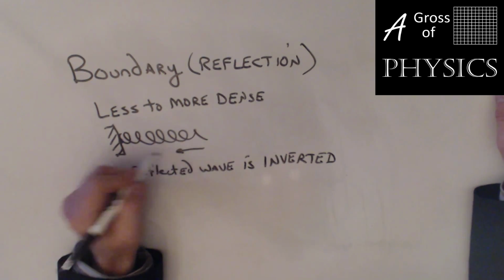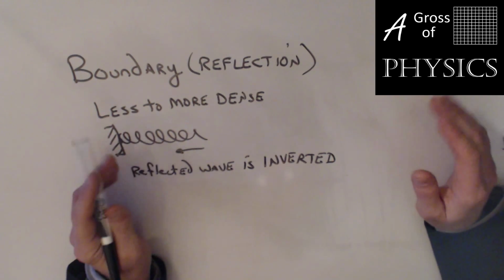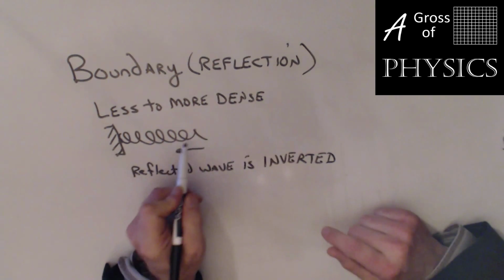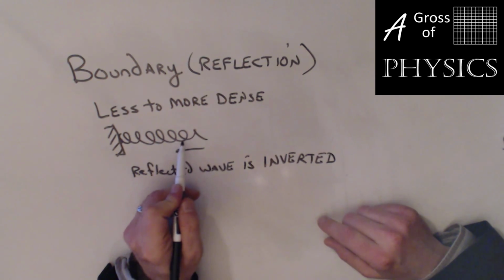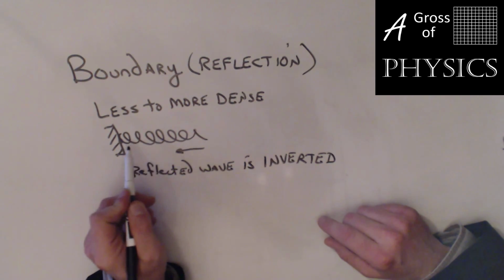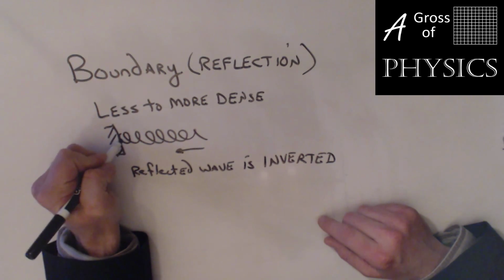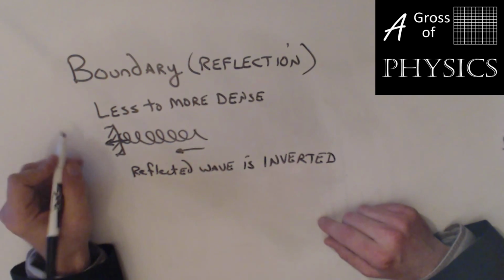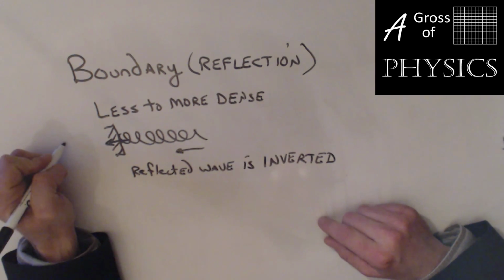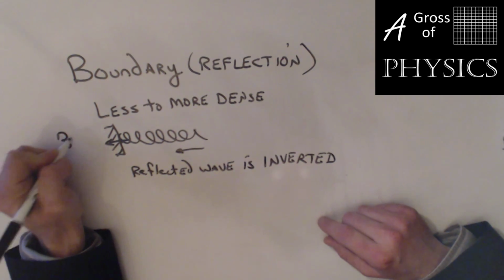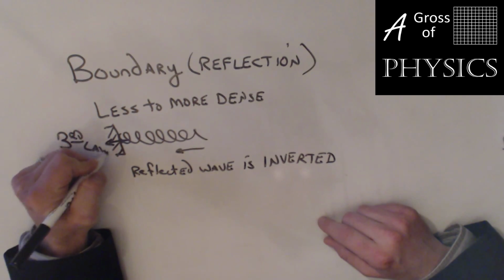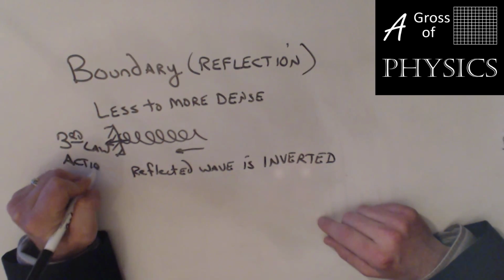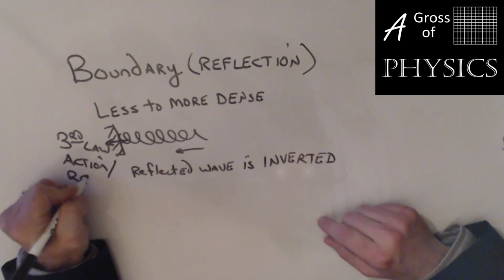So, if we're sending a longitudinal wave, we have a compression. All of the coils in the spring, for example, would push together, compress, compress, compress. As it gets to this point, it will compress against the wall. Well, Newton's third law says every action has an equal and opposite reaction.